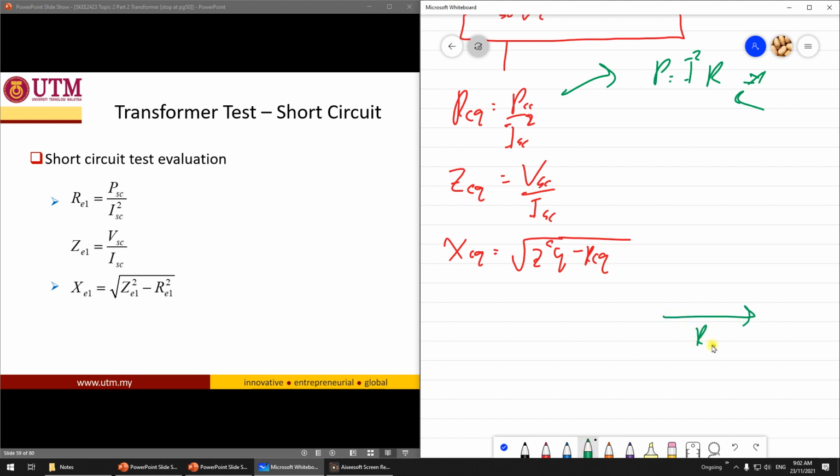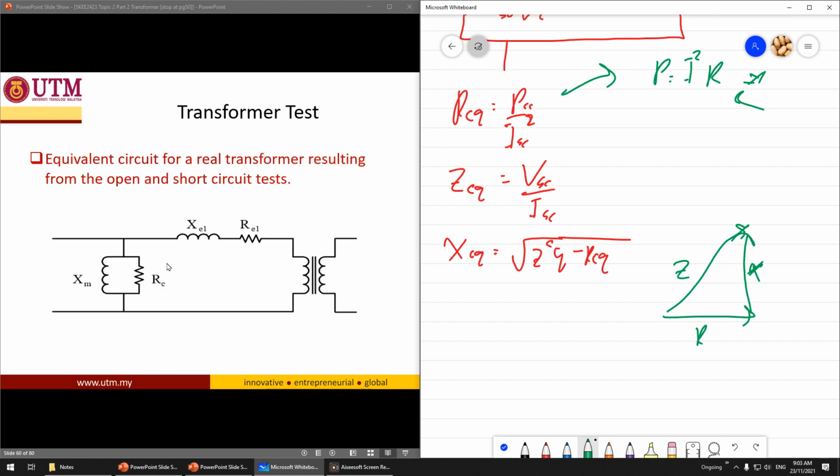This is REQ, this is R, this is X, so this is Z. You have to memorize this formula. This is the short circuit test.